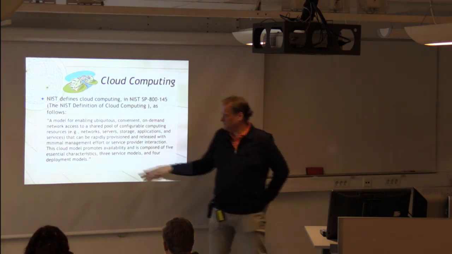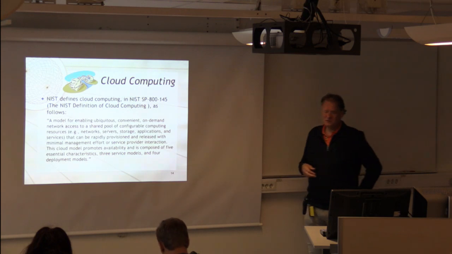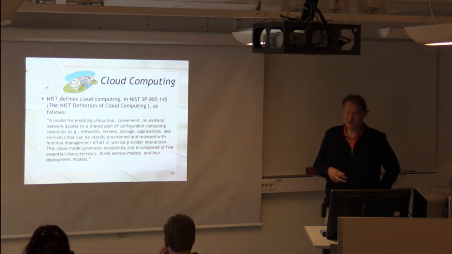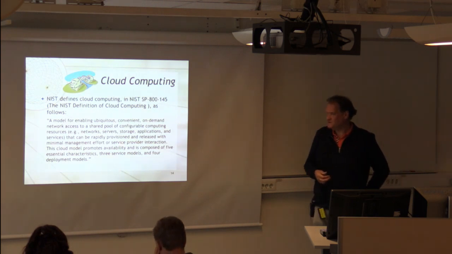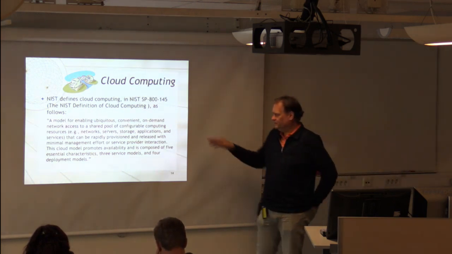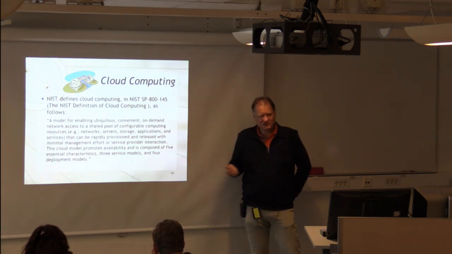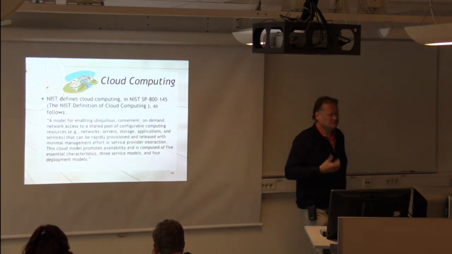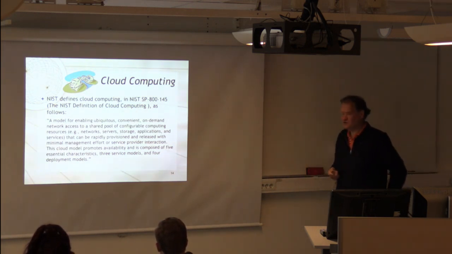And we have that to a shared pool. So we share it. It's a shared resource. Well, it doesn't have to be all the time, actually, but in most cases it is. Configurable computing resource, and it's general resources. See, it's not only computing resource, it can be network service, storage, applications, services.